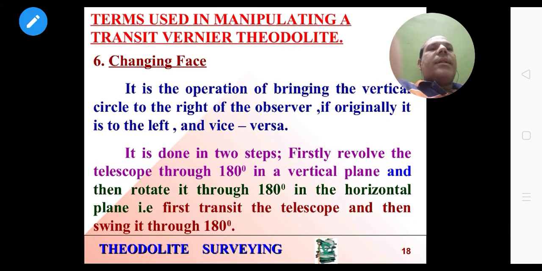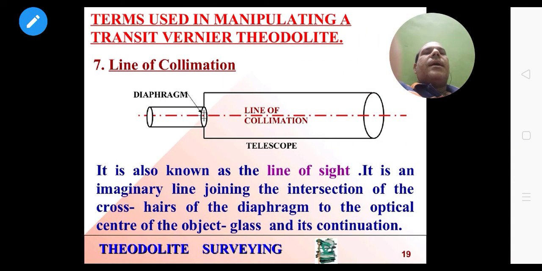Changing face is the operation of bringing the vertical circle to the right or left of the observer and vice versa by transiting the telescope. It is nothing but changing face left or face right.